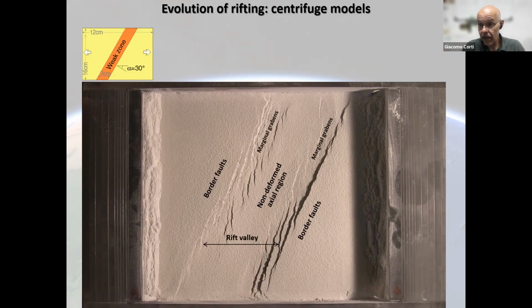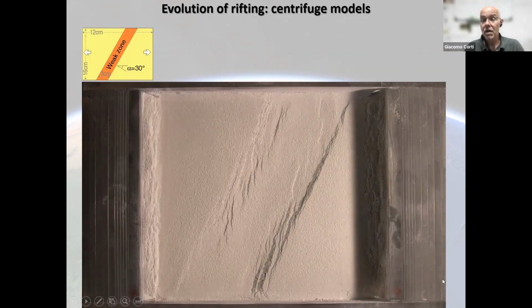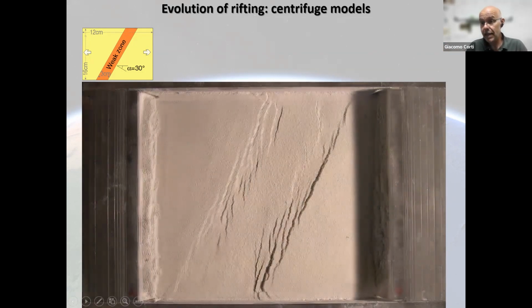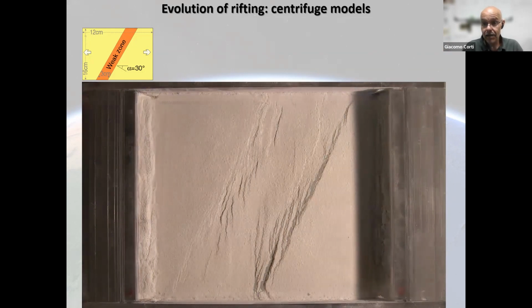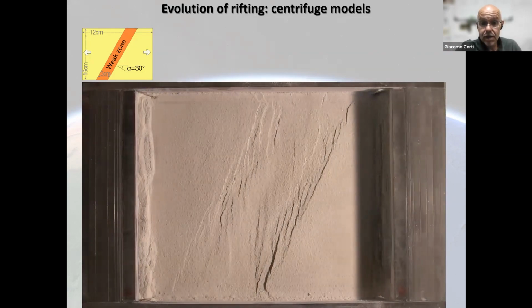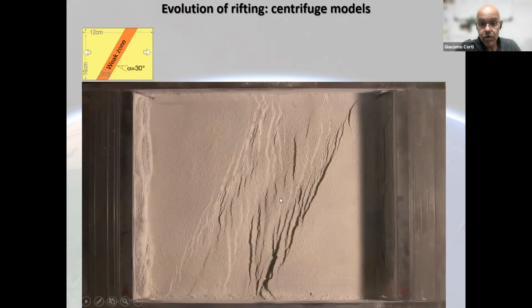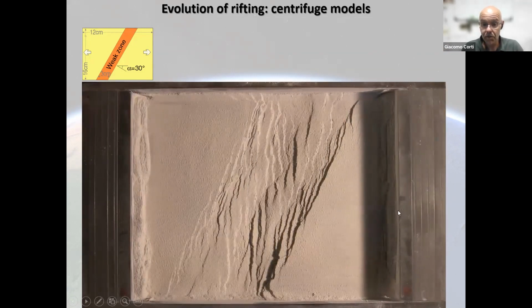This happens during the initial stages of model deformation, but if we go on with progressive deformation, we see that at some point things start to change, and some deformation starts to affect the central portions of the model.